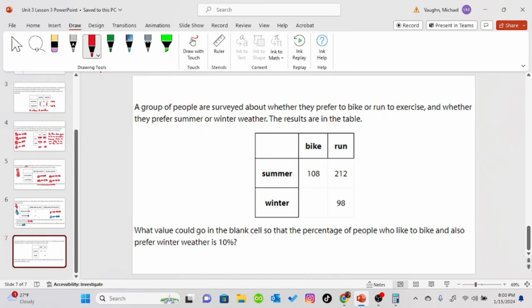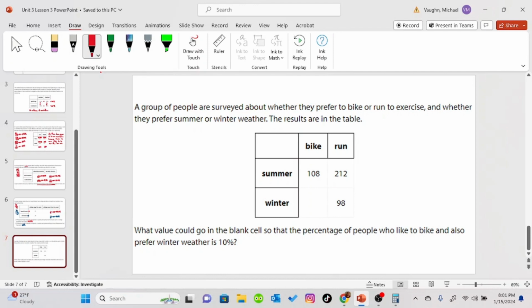What value could go in the blank cell so that the percentage of people who like to bike and also prefer winter weather is 10%? So we want this number in the bottom left to be 10% of everyone.